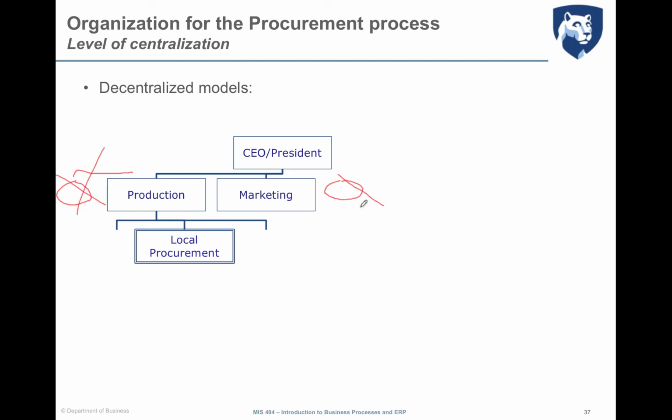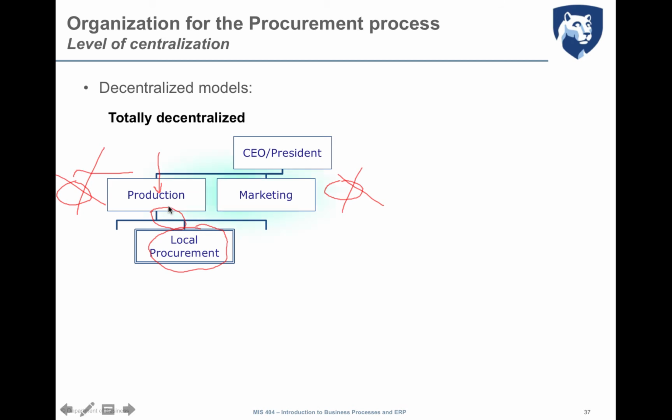Instead, for example for production, we have production in different geographical areas, and each geographical area has its local procurement office, which reports directly to the production business unit of the production department.